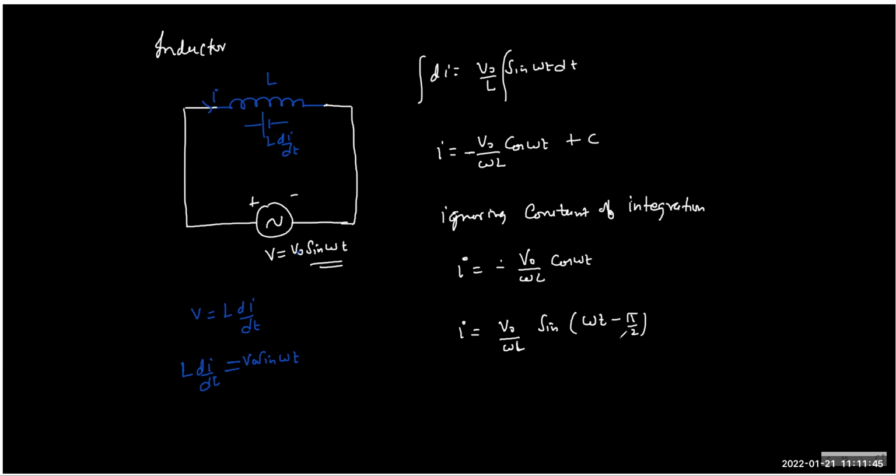So you can see we can write it like this. So what we can see is that the current in the case of an inductor is lagging from the voltage.